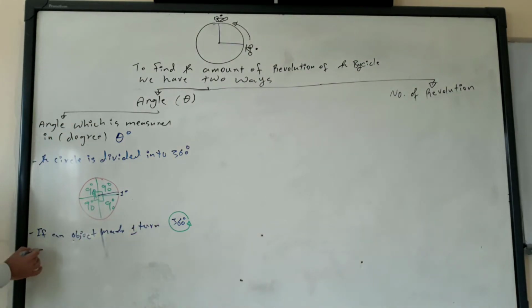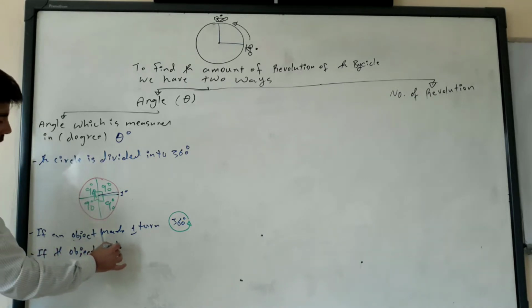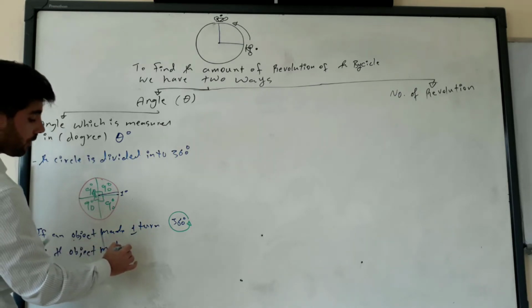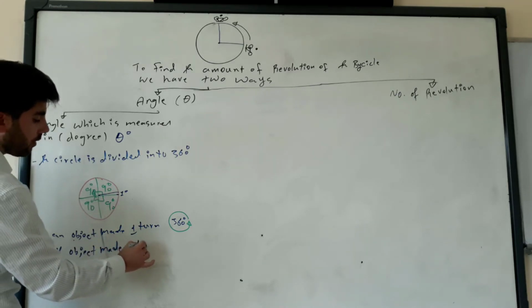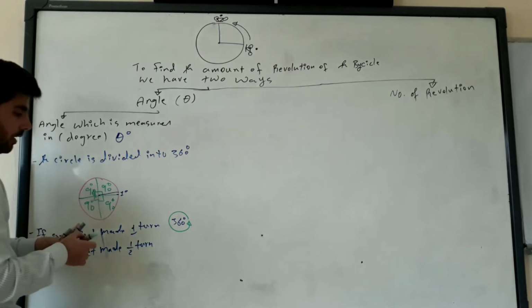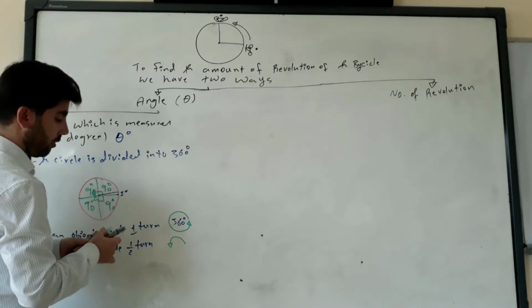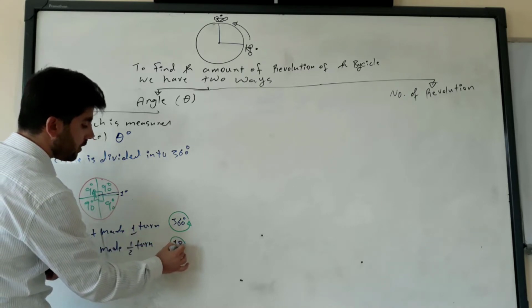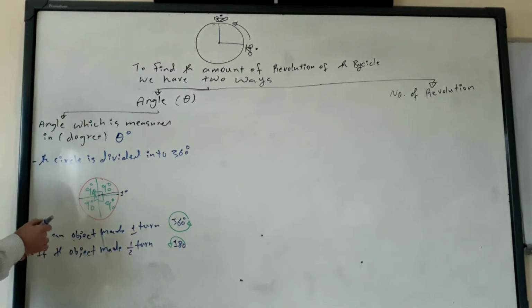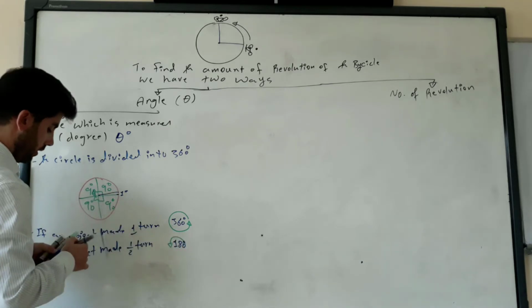And if the object made half a turn, in this case, the object travels only half of the circle. So it's equal to 180 degrees.